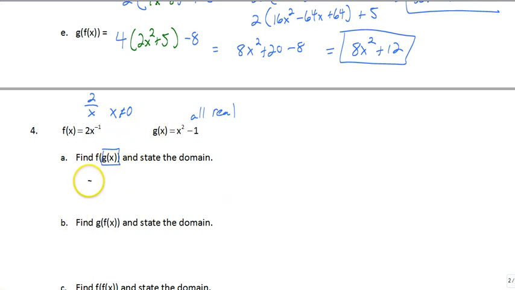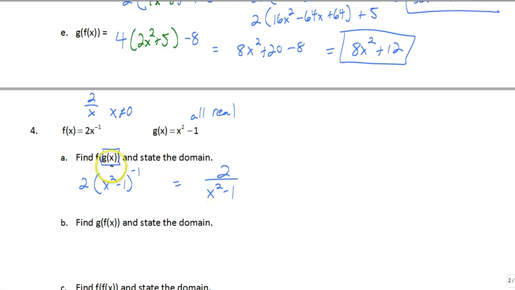F of g of x. So we have 2 times x squared minus 1 to the negative 1. That turns into 2 over x squared minus 1. Well, the domain restriction for this is whatever makes the bottom 0. So if you factor that, that would be x plus 1 and x minus 1.